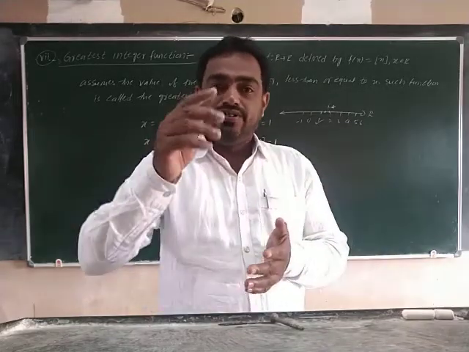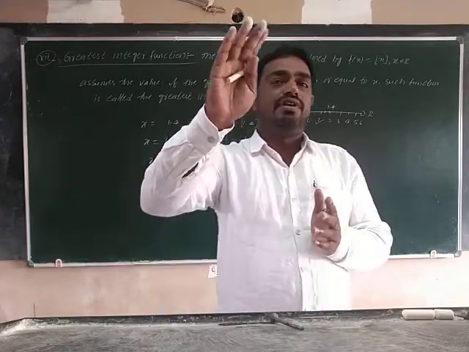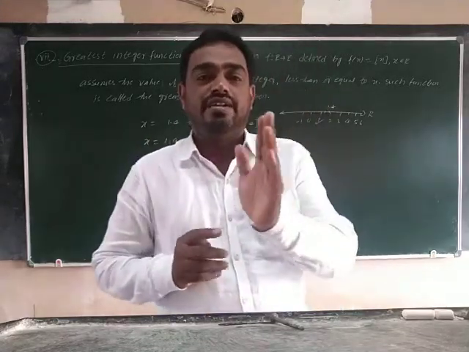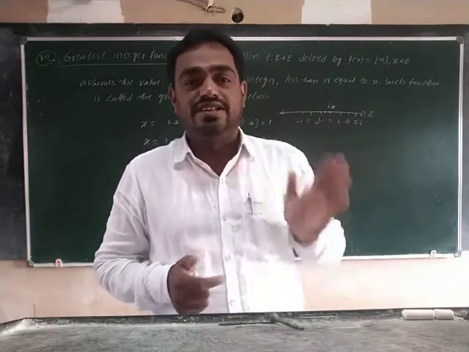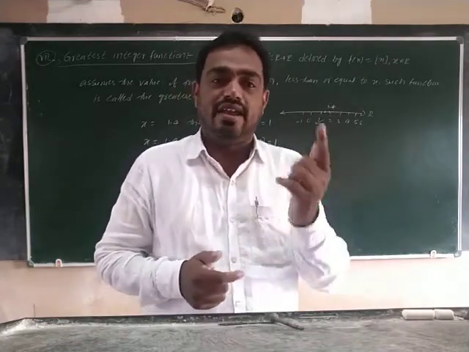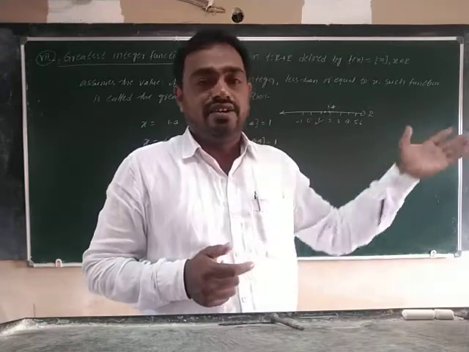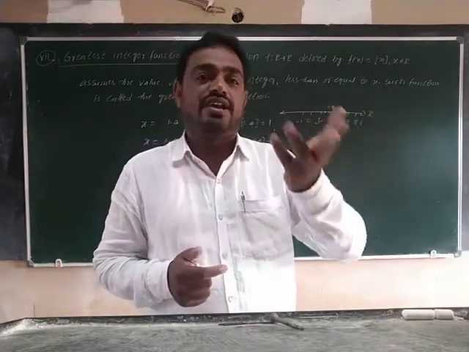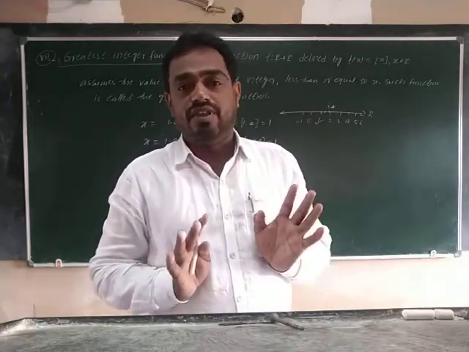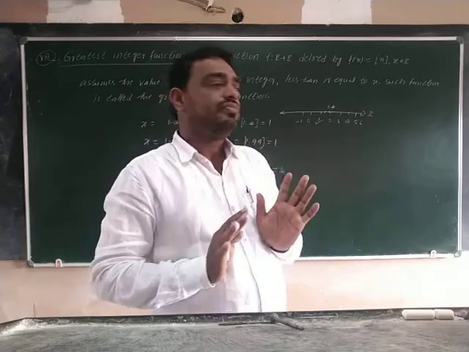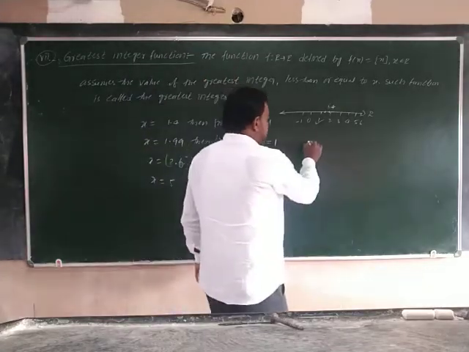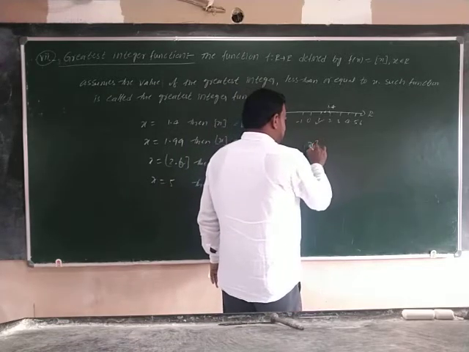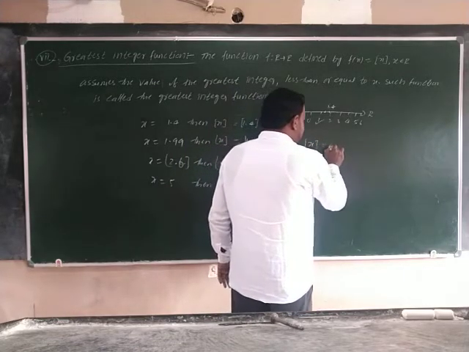That means assume x is equal to, for example, 9.8. Integers less than or equal to 9.8 are 9, 8, 7, 6, and so on. Which one is greatest? 9 is greatest. Simple. Very easy. Clear?